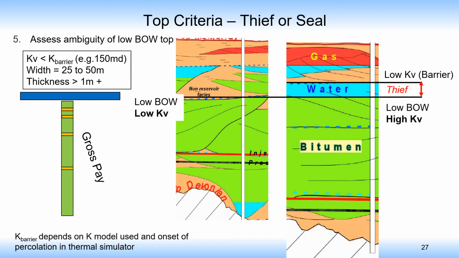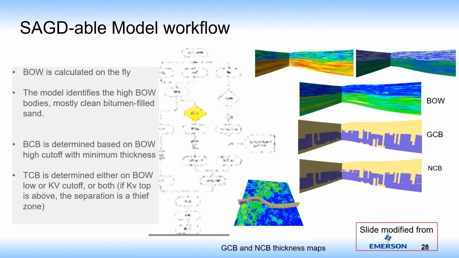That's the K barrier, and it depends on what kind of perm model you use as well. You need to understand where the percolation is: if it's going to be 150 millidarcies, is it 125 or 175? Somewhere in that range usually works for a well-calibrated perm model.